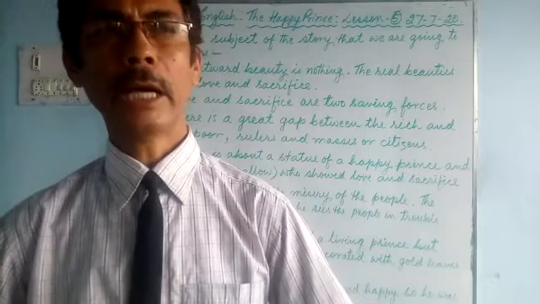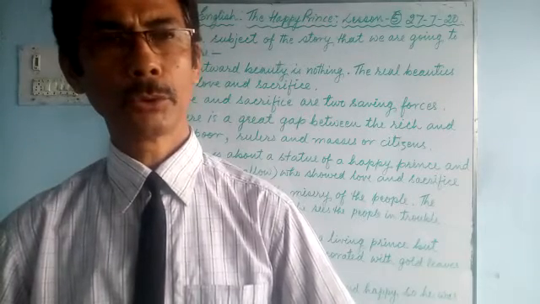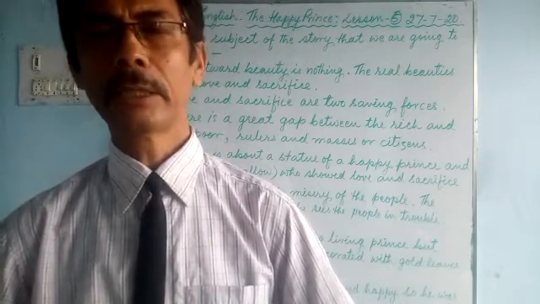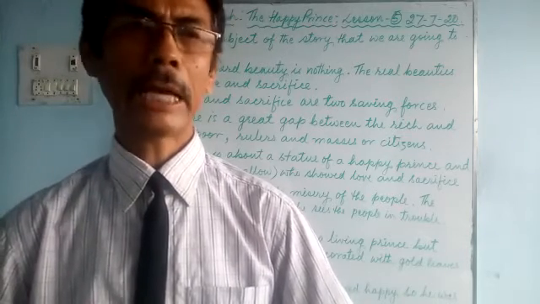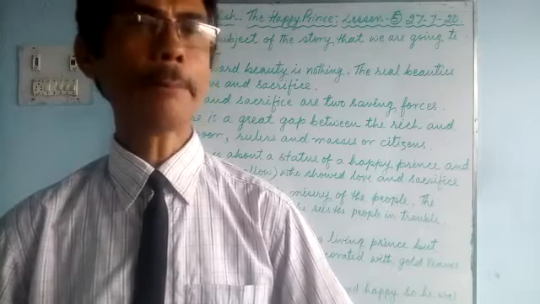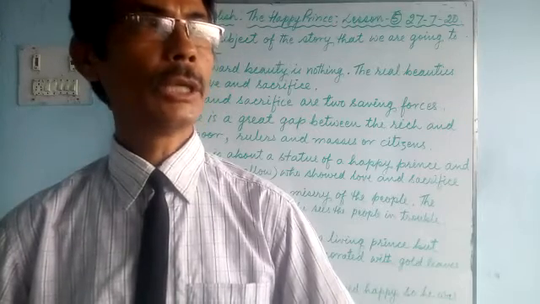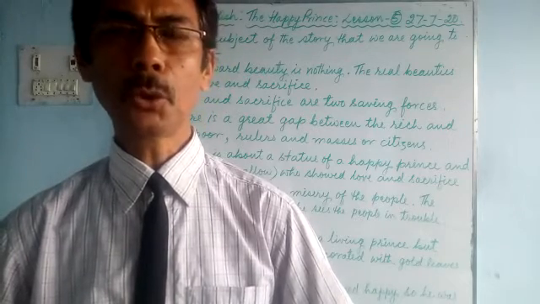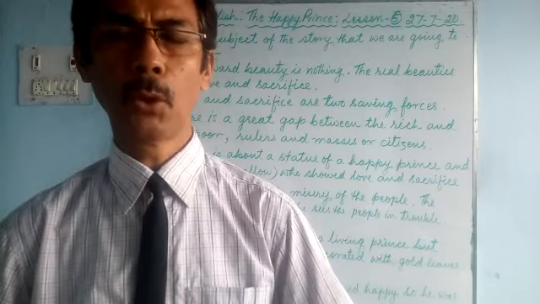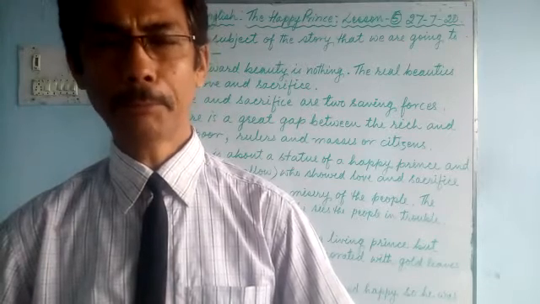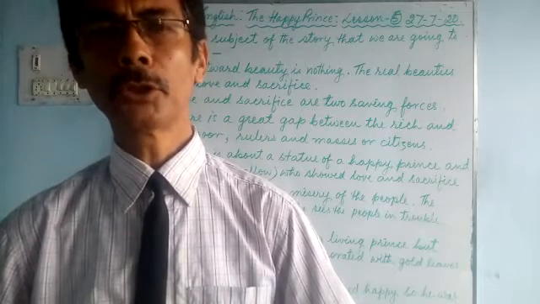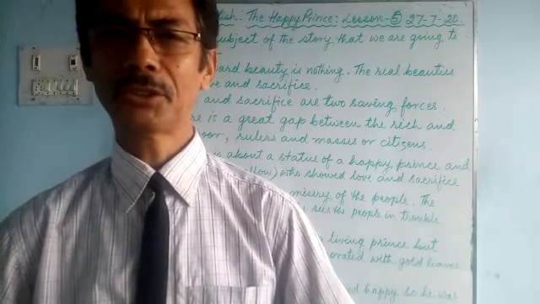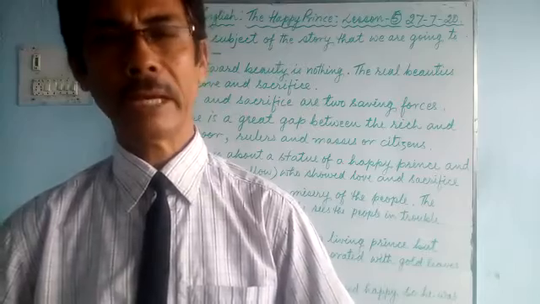He loved the happy prince so much, and he even sacrificed his life for the prince as well as for helping the poor. And the happy prince gave away all his precious stones and the leaves of gold to help the poor. And finally, these two were chosen as the most precious thing on the earth by God.